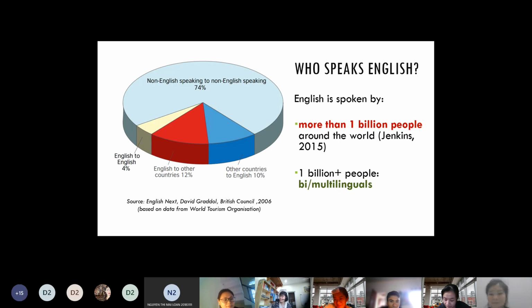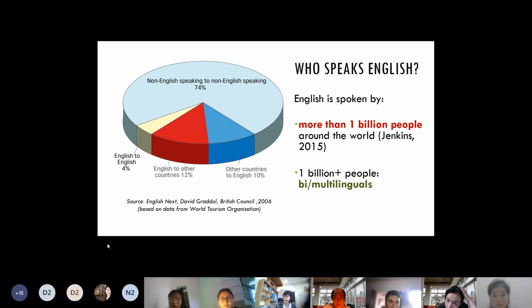Right. And more statistics for you. In the previous activity, we said that English is predominantly spoken by non-native speakers. And there you can see the number. How many percent of the communication is between non-English speaking and non-English speaking people? What do you think?